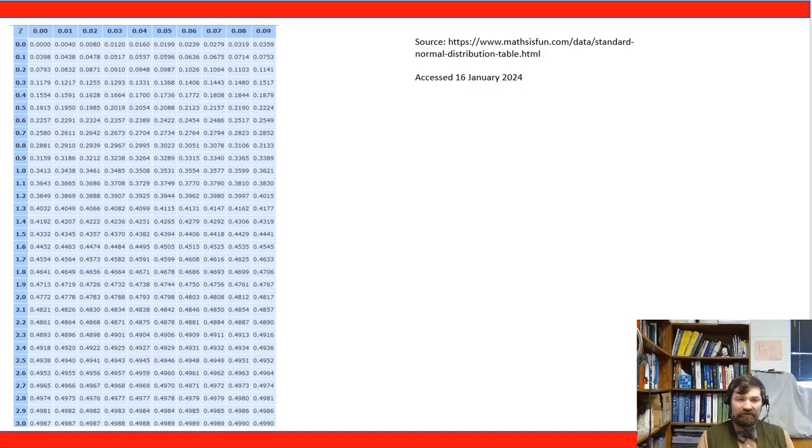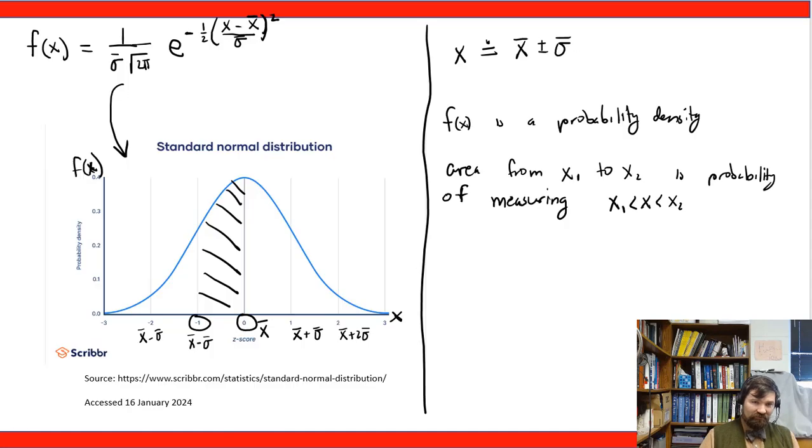And the way that you read this table is that you're looking at from z equals 0.00 to whatever value on the z table. You're looking essentially from there to there.